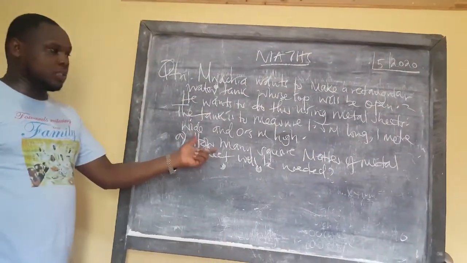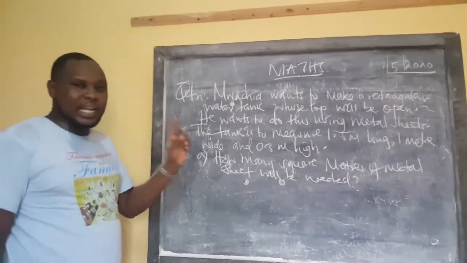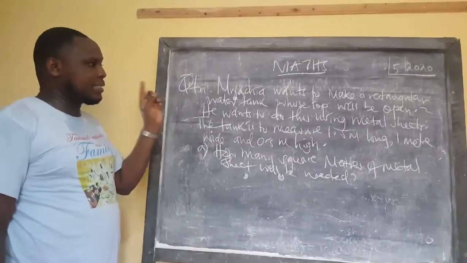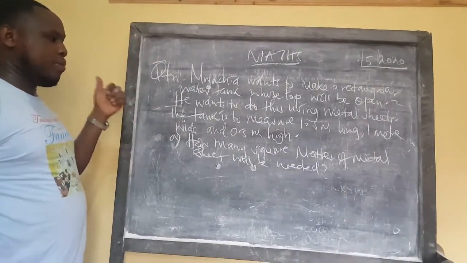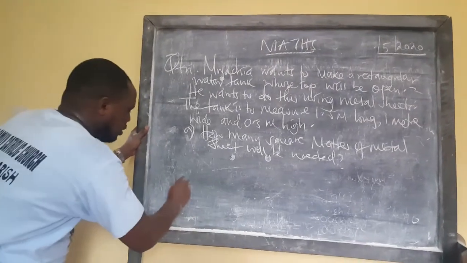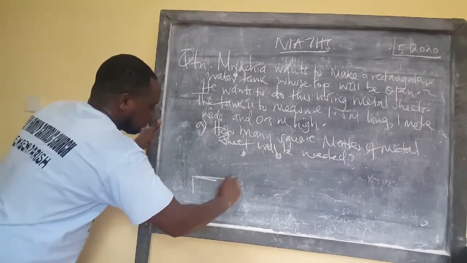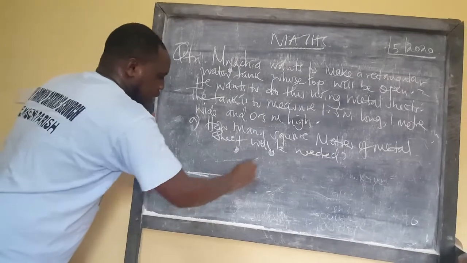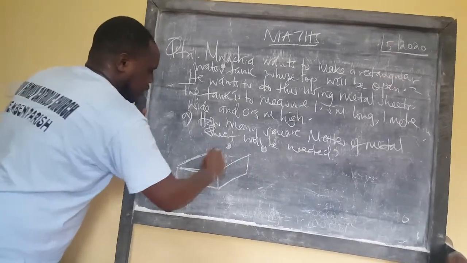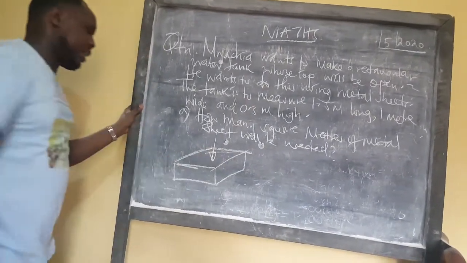If you look at this question, they are talking about a rectangular open tank. So the most important thing for you is to draw this diagram. A rectangular one. We are told it's open, so you put your arrow like this.